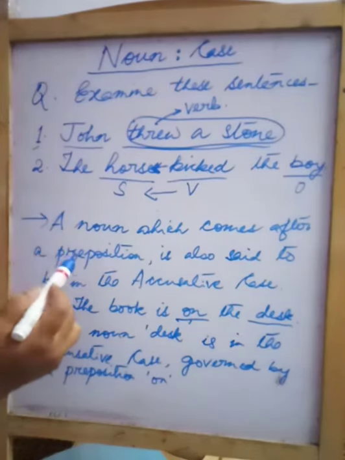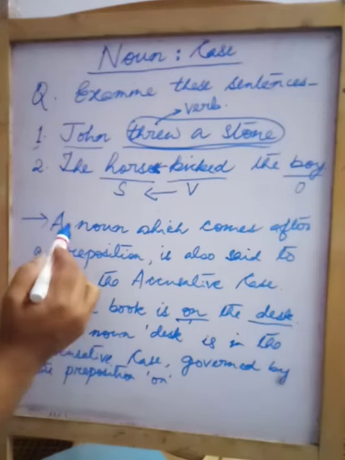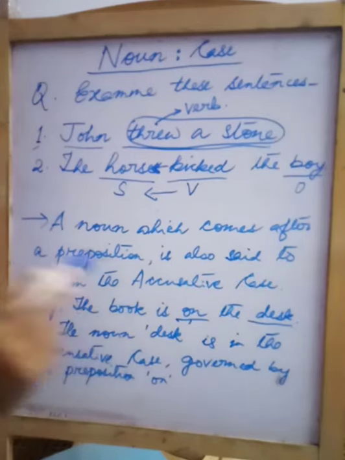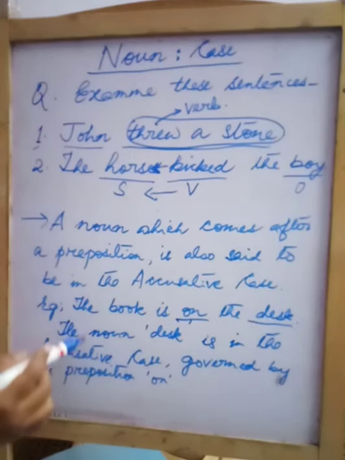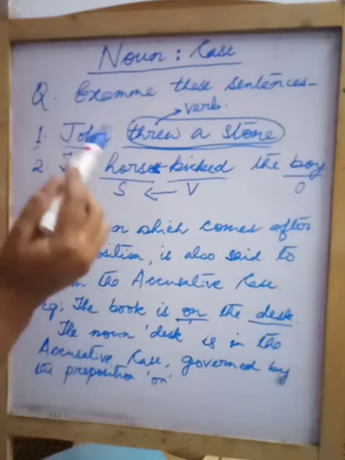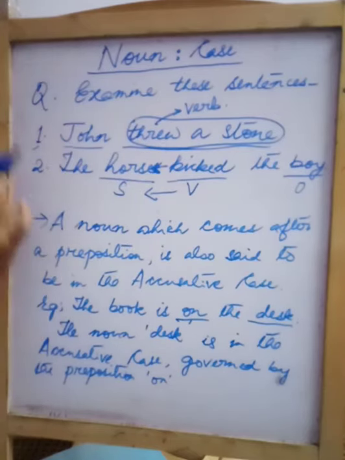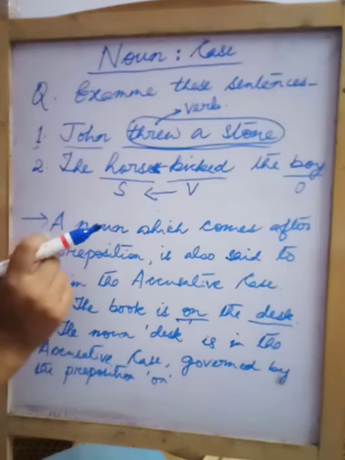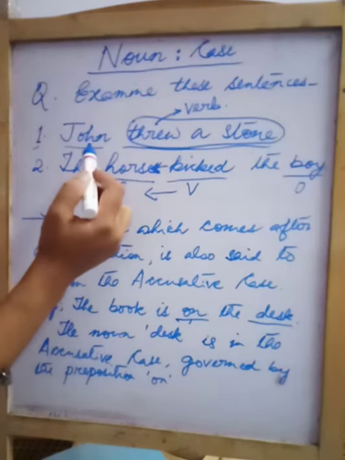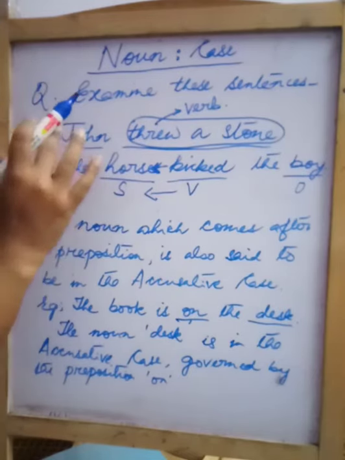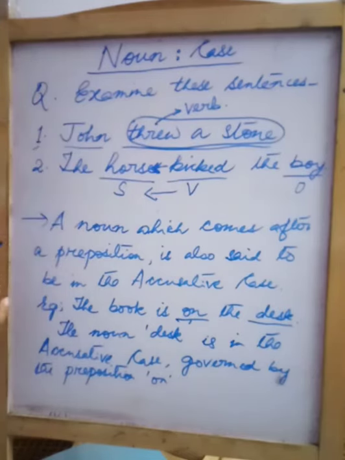What was the condition? A noun which comes after a preposition is also said to be in the accusative case. So the example given clearly explains the definition. I hope you're clear. We have seen John threw a stone. When the noun or pronoun is the subject of the verb, when the noun comes before the verb, it is a nominative case.